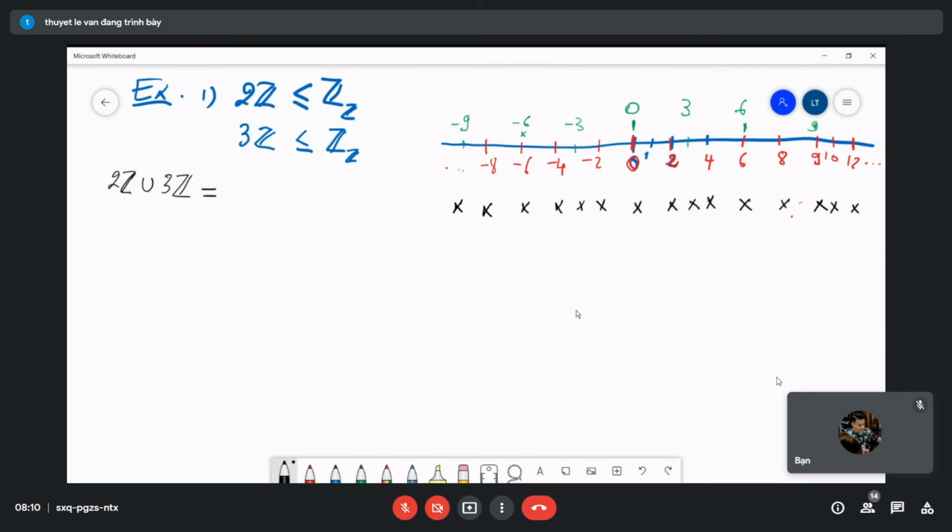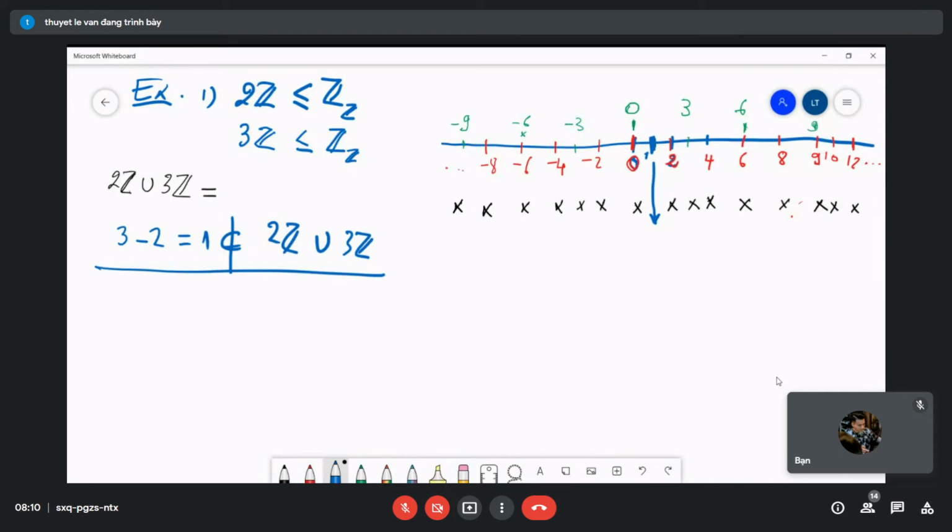So you see you don't have 1. Where is the number 1? Because if you take a 3 and a minus 2, that is equal to 1, but 1 does not belong to 2Z union 3Z.